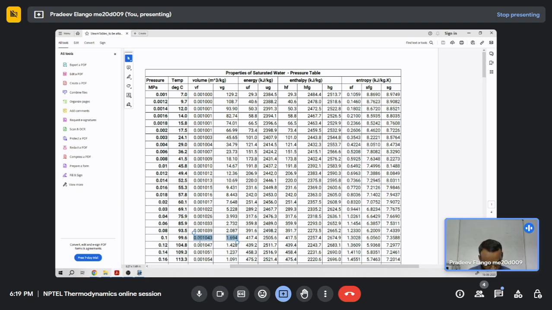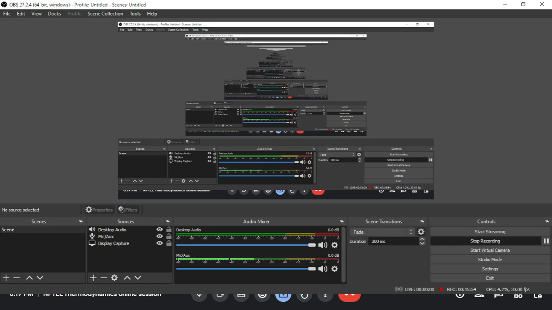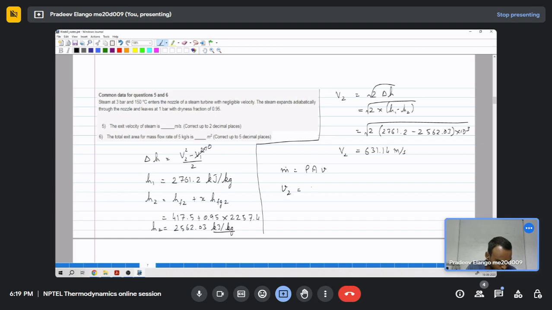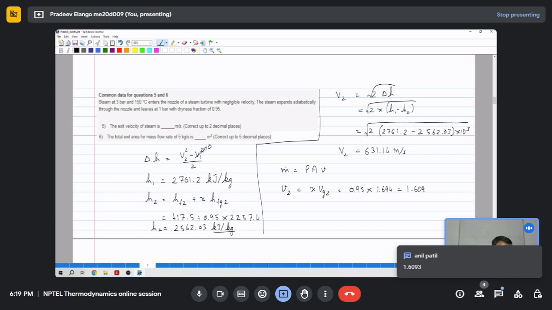So here we know the volume of water is almost negligible, so we can have only the volume of the steam, it is 1.694. So this is v2 is X into vg2, that is 0.95 into 1.694. So this is 1.6093 meter cube per kg.